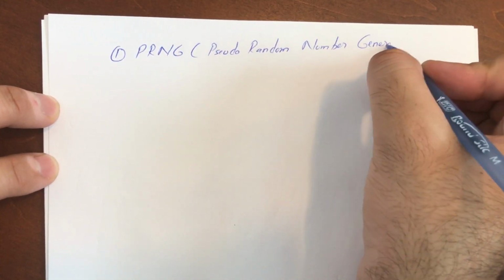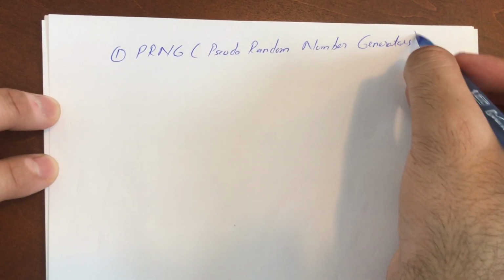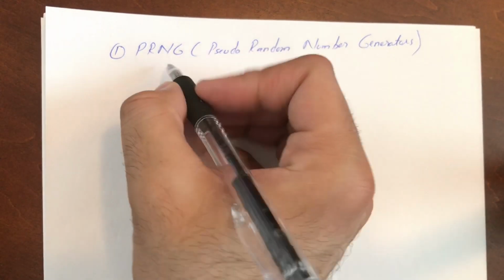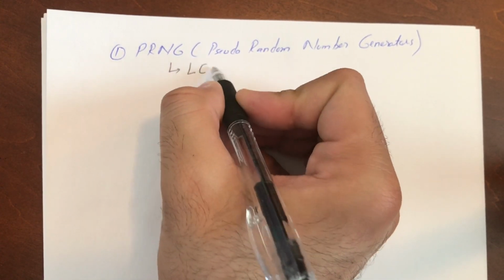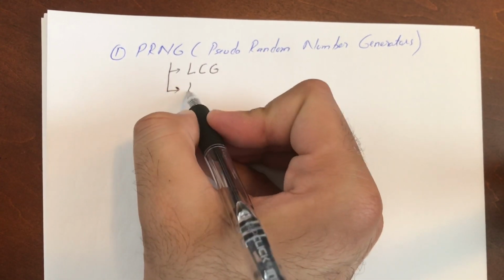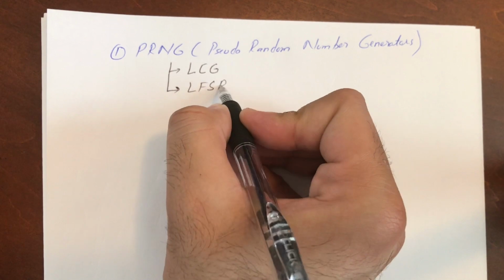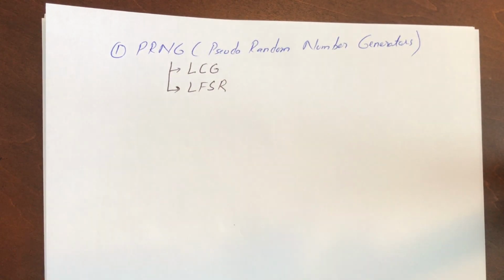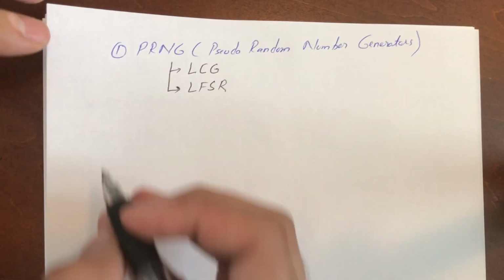We can use a pseudo random number generator in order to generate keys. There are many examples. One is LCG, linear congruential generator. Another is LFSR, linear feedback shift register. We'll talk about it in detail. There are many others as well, like for example Kasami sequence, Gold sequence, etc.